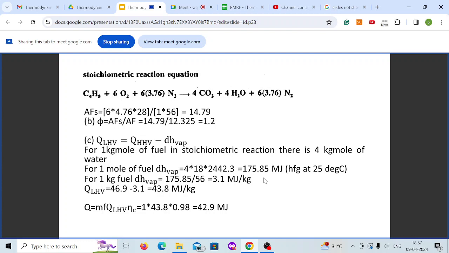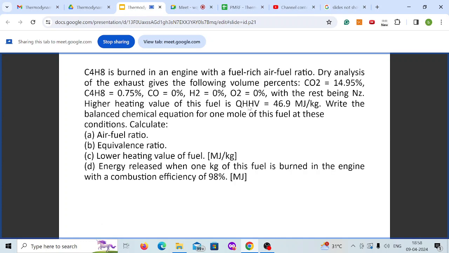This is your latent heat due to condensation, so your lower heating value is higher heating value minus the water latent heat. In the problem they have given higher heating value in terms of megajoule per kg of fuel.